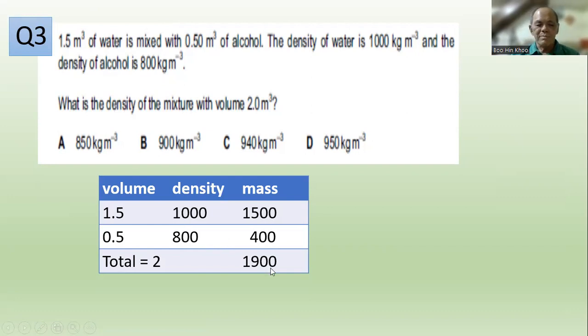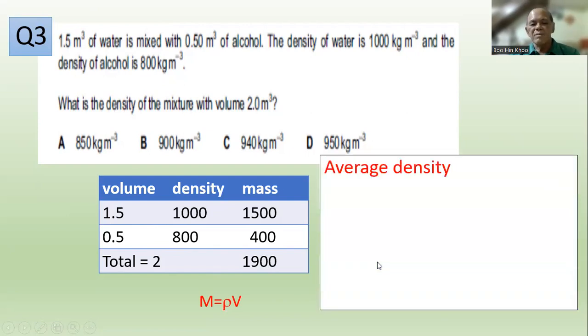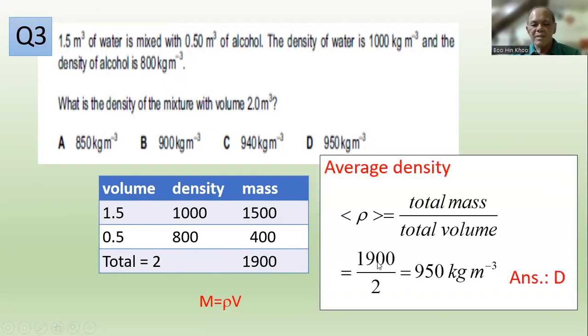So add up the total mass and the total volume. This is the formula we use: mass is density times volume. So average density is just your total mass over total volume. That's the answer we get, D.